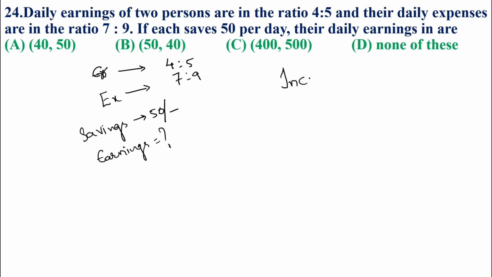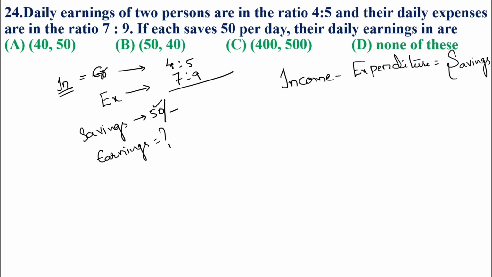Income minus expenditure will give savings, or expenditure is equal to income minus savings, or income is equal to expenditure plus savings. Like that you can derive. So each one is saving 50 rupees.